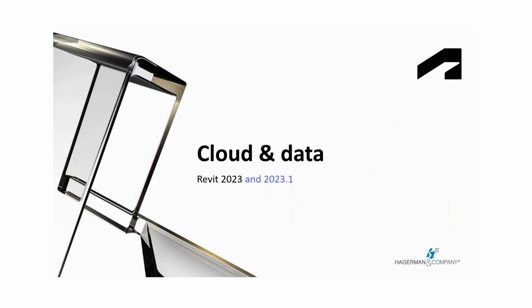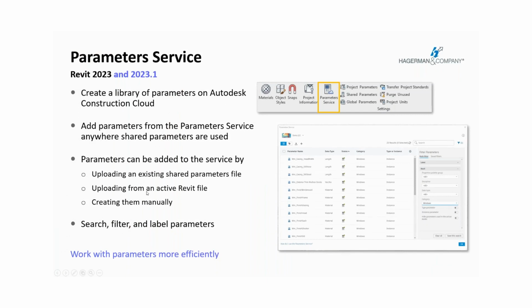All right, let's now take a look at the improvements to the cloud and data key theme. The parameters service introduced with the original 23 release is a technology preview that allows you to manage your parameters library using the Autodesk Construction Cloud.